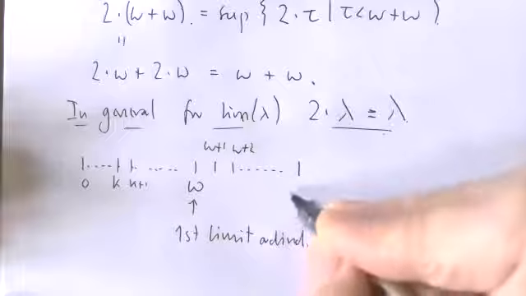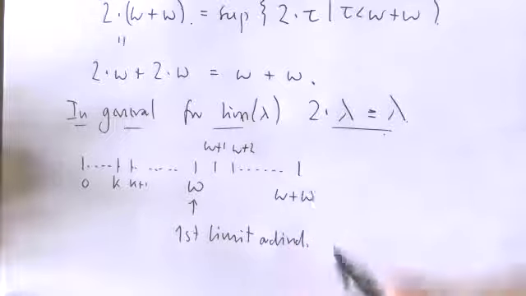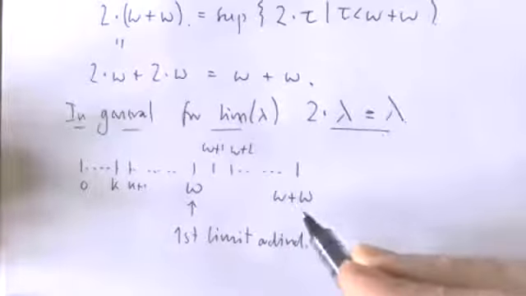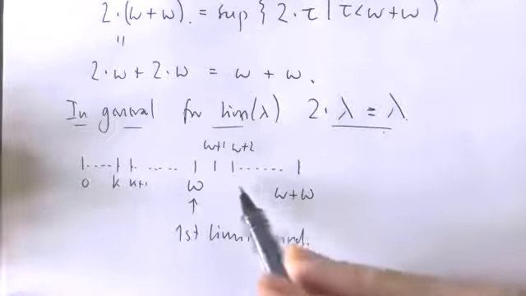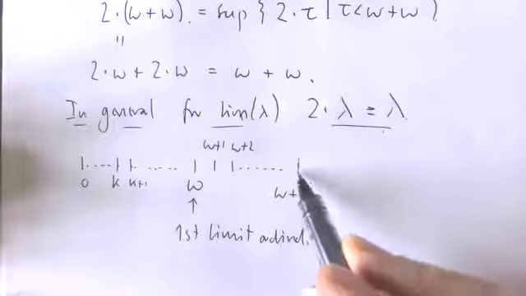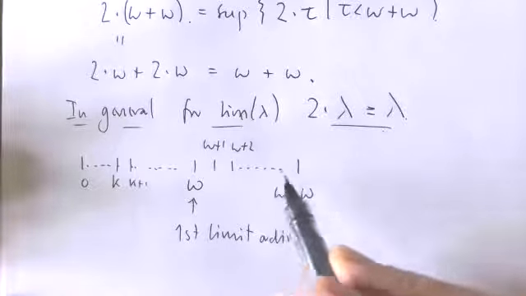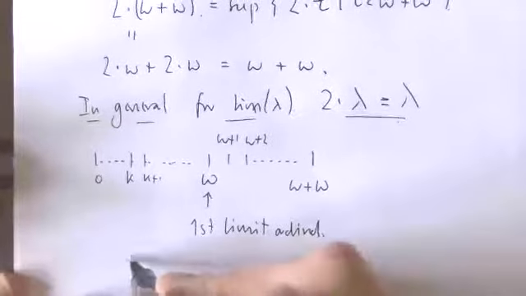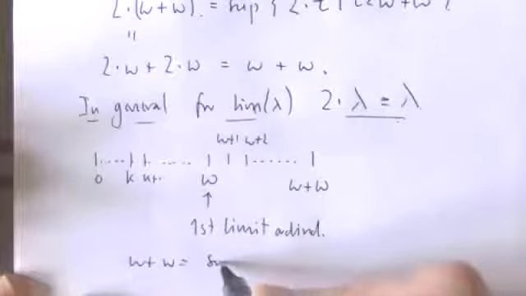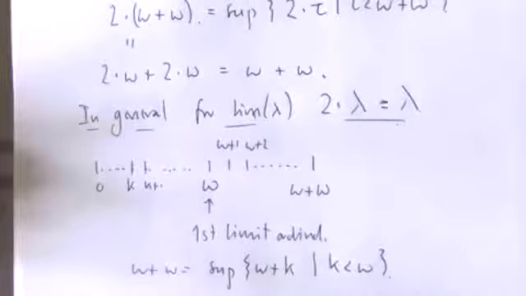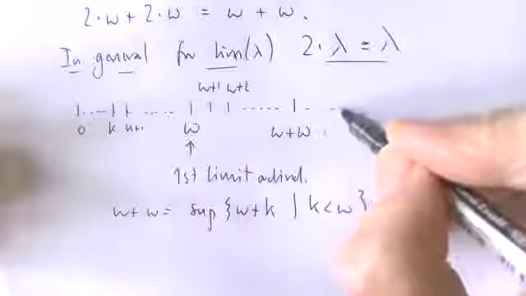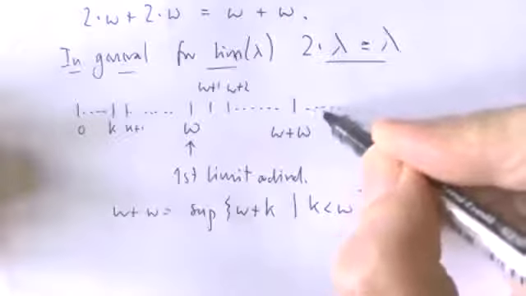And then here comes the next limit ordinal. It's because it's the supremum of the omega plus k's, right? It's not the successor of anything, it's the union of the previous ones.